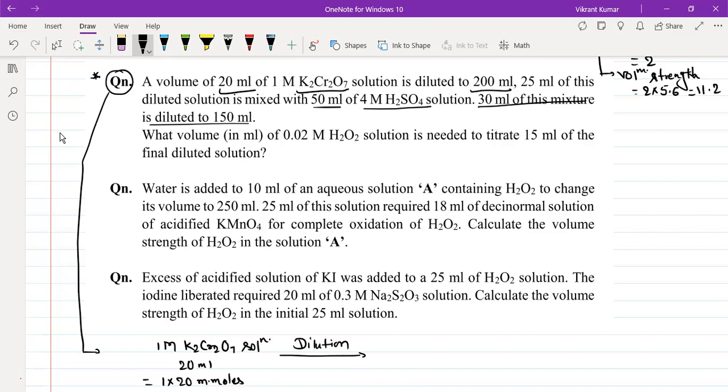तो ज्यादा confusion हो तो millimoles में काम करना start कर दो and carry it. If you are doing the dilution, there is no effect on that. If you are taking a sample, definitely it will have some effect. So that's why it was having 20 millimole. So this time it will have 20 millimoles in 200 ml. Is it okay?